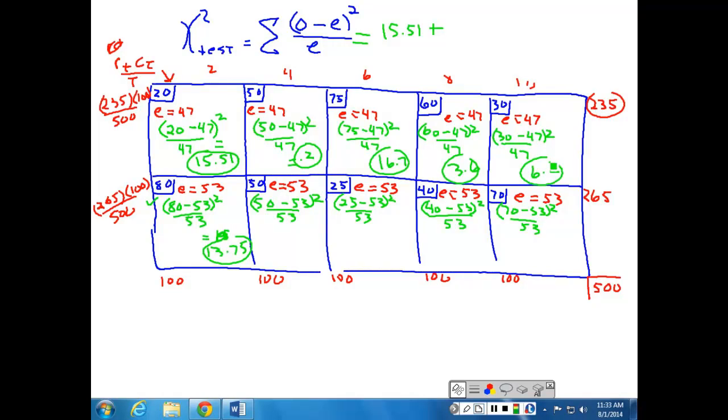Anybody have this one yet? Hold on a second. This one? 14.79. This one. And this one.